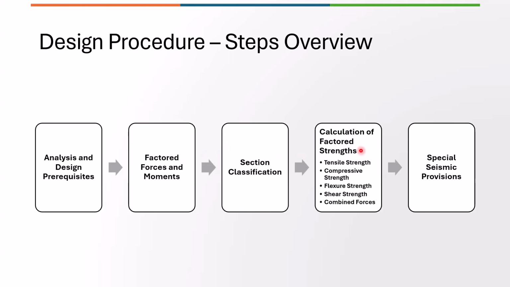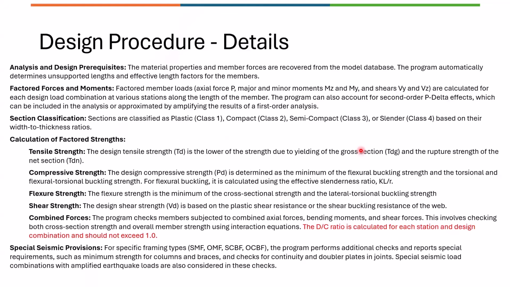And the combined forces will finally provide the interaction ratio, which is the demand capacity ratio for the final one. And additionally, special seismic provisions are also covered as per IS 800 2007 code. So this slide explains the same.